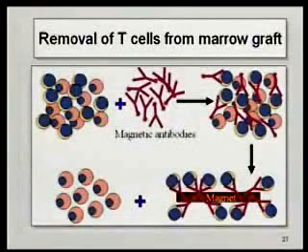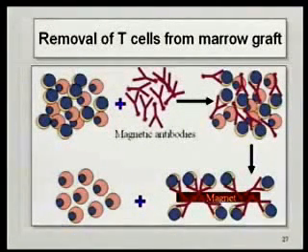And what one does is, in this case, I'll go over this, and then if there's a problem, I'll address that. One takes the donor lymphocytes, the donor bone marrow cells, that contains T cells as well as other cells, and assuming that the T cells are these little yellow crescent with the blue nucleus, the antibodies will bind to them.